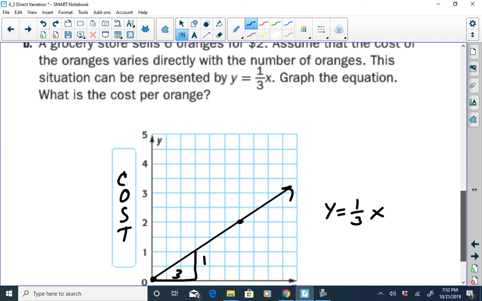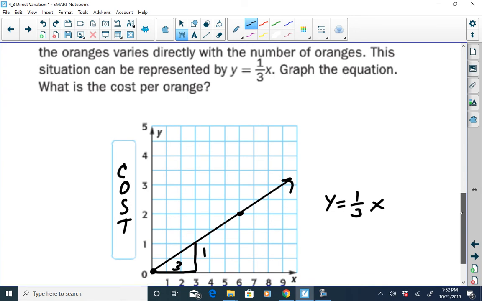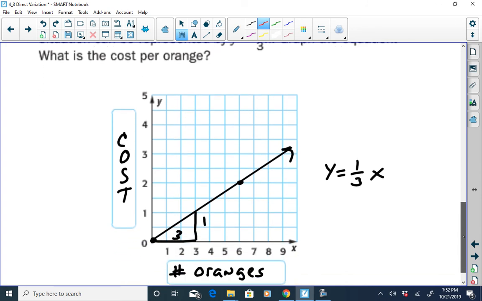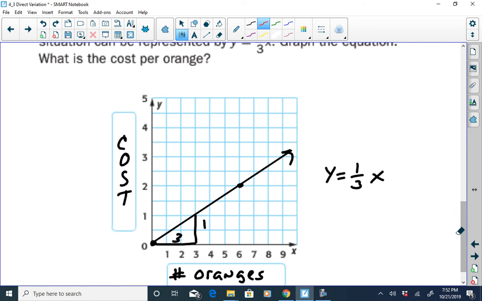Well, my y values represent the cost, so I want 1. So let's see what we have here. The number of oranges are my x values here. So let's replace. We have $6 is equal to 1/3 times x.